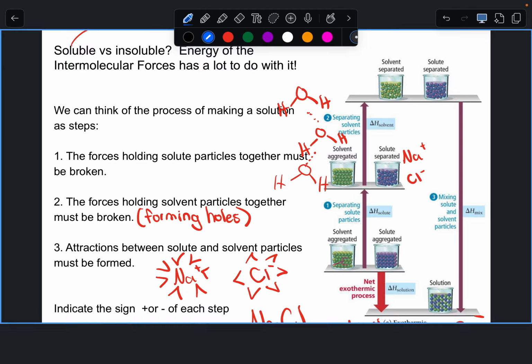For the first step, we just say the delta H of the solute, meaning breaking apart the solute. The second step is delta H of the solvent, or breaking apart the solvent. And the third, this is on the picture, I'm just writing it in the text as well, is the delta H of mixing them together. So we just say delta H mix.